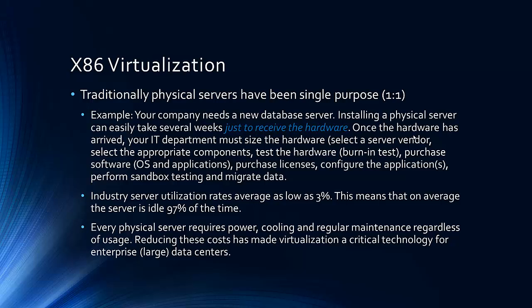The good news is here that once you've done that on the virtual side, you can clone or otherwise designate that image as a master image. And if you decide after you get this new server in production that you need another server just like it, you can clone it.